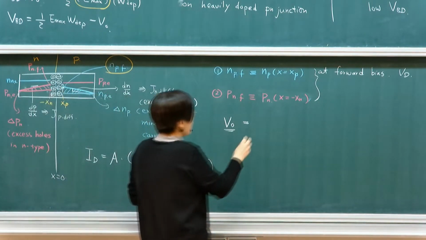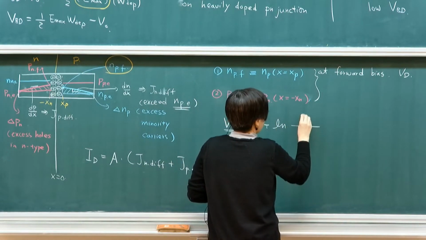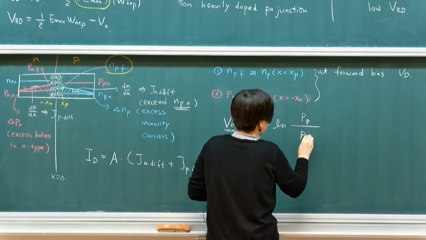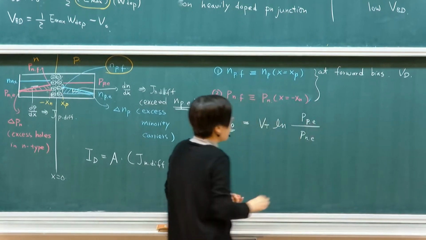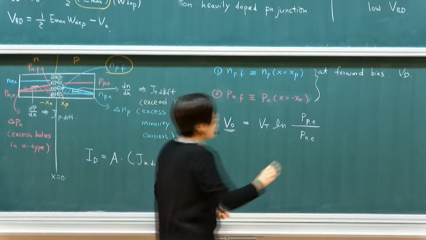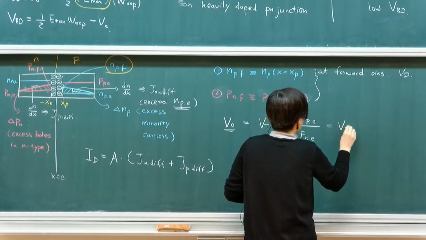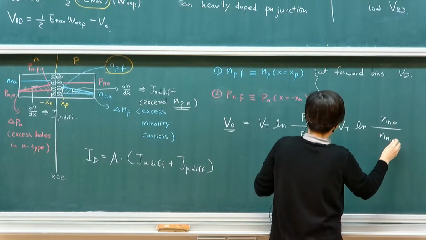So VO is defined as VT ln PP over PNE. I'm adding an E because this is at equilibrium. VO just stands for equilibrium. So this is also true for VT ln, and the balance between the two on the two sides.